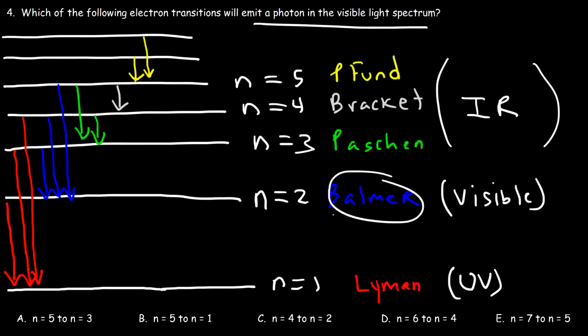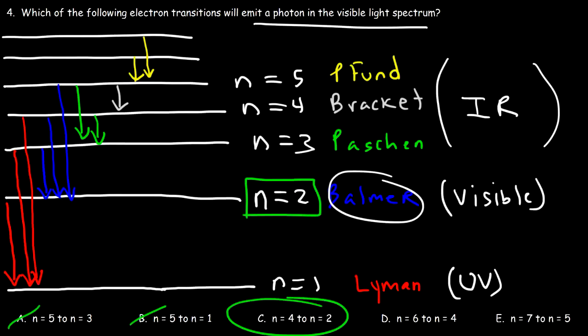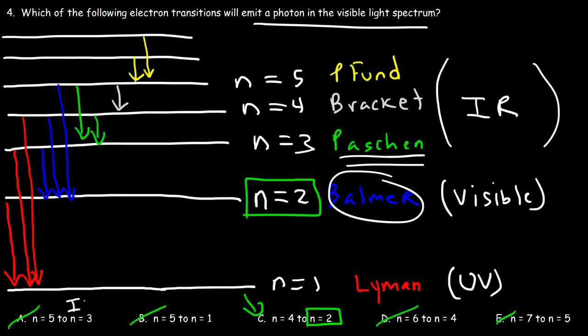So to answer this question, all we've got to do is look for a photon that's in the Balmer series. So the final state has to be n equals 2. So it's not A, it's not B, it's C, because the final state is n equals 2, so C is the answer. So answer choice A is associated with the Paschen series. So this would emit a photon in the infrared region.